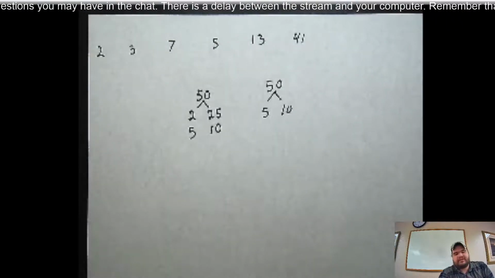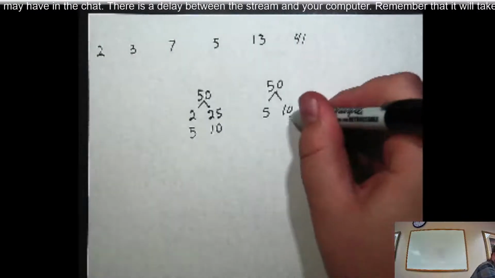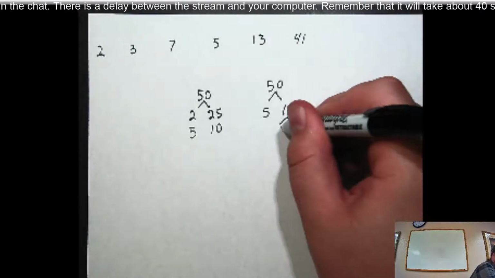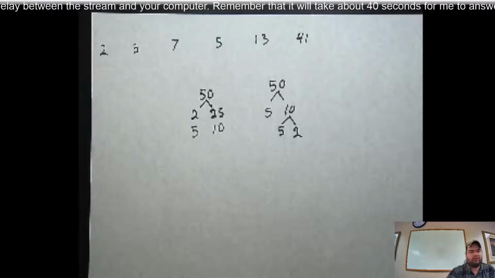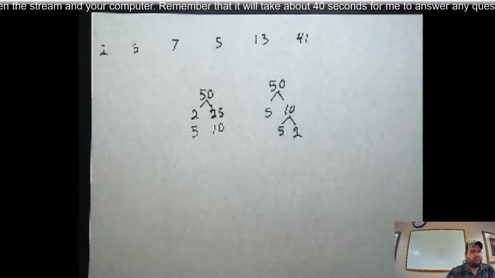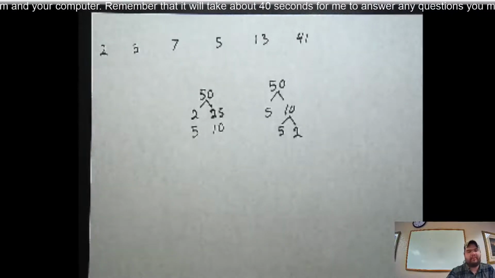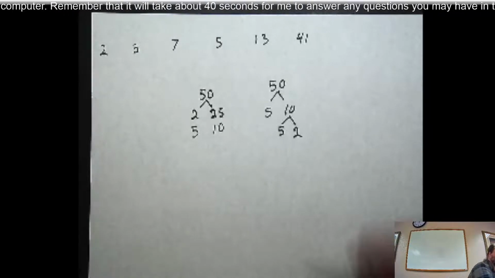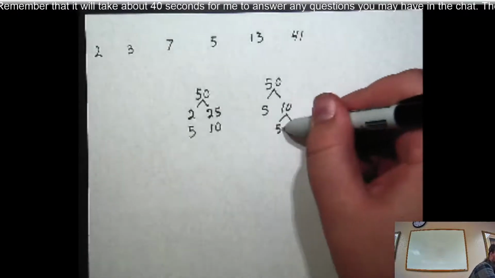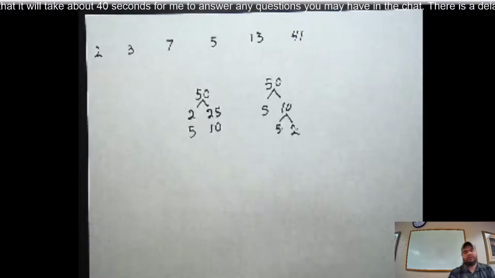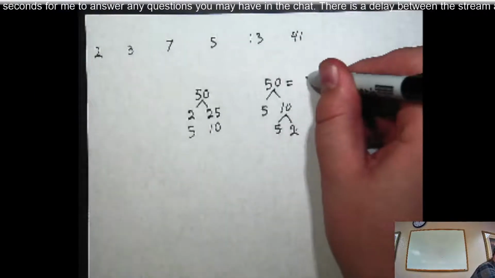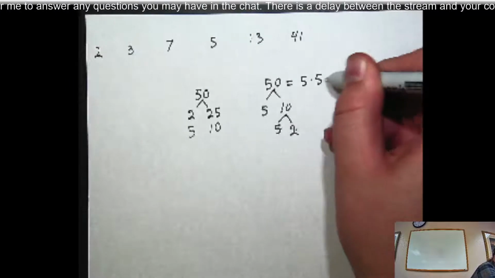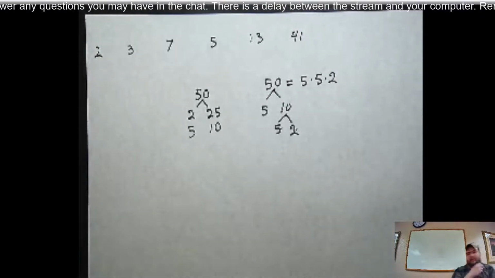It has factors itself. We can break it down farther into 5 and 2. So we would say that the prime factors of 50 are 5, 5, and 2. In other words, we could multiply 5 times 5 times 2, and we could get 50.